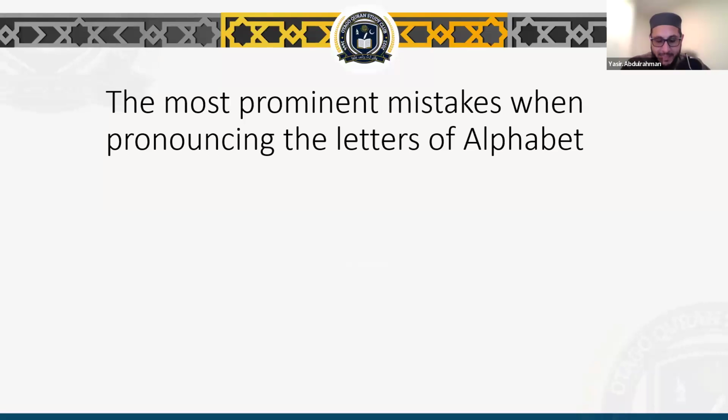The second common mistake is making it heavy when it should be light, or making it light when it should be heavy. The first example we have is the word muddakir. Some people say it heavy. If you stop on it, the rule, as we explained before, is that the ra has sukoon, so you look before it.